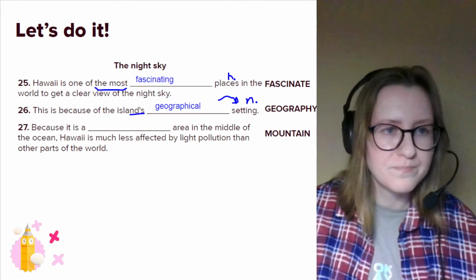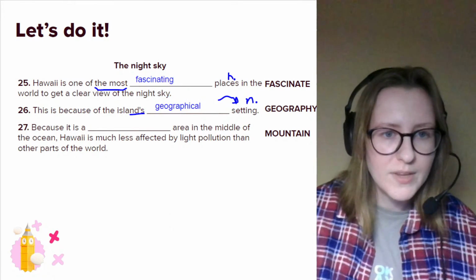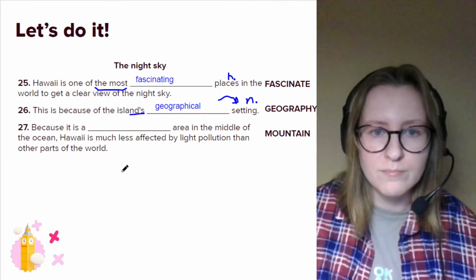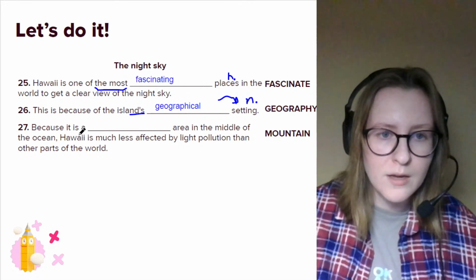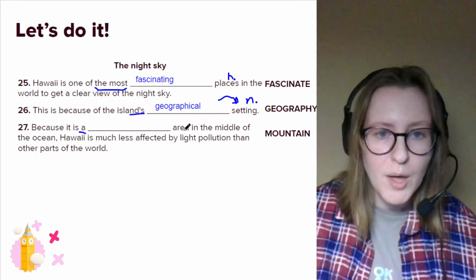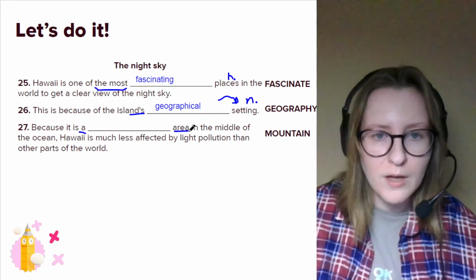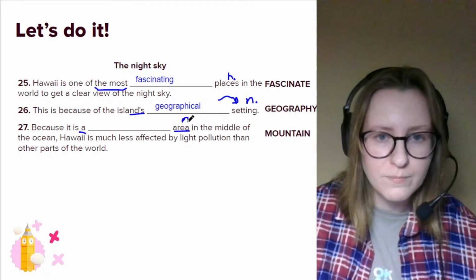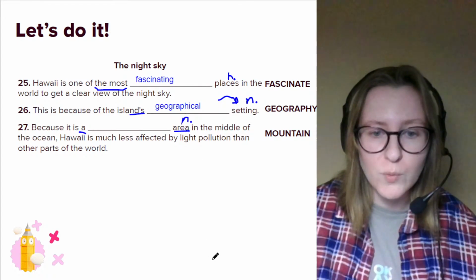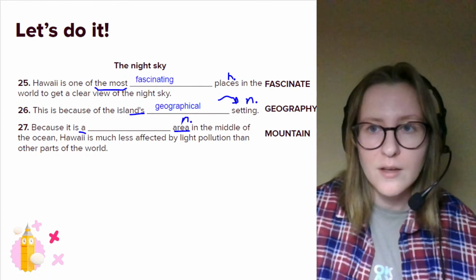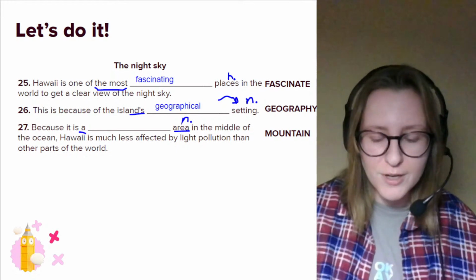Okay, 27. Because it is a area in the middle of the ocean. We have an article, but then after the gap, we have a noun. Right? So, the only thing that we can put here is an adjective, right?